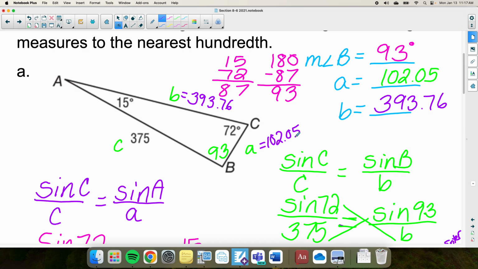They should all be kind of close together, okay? Another thing that's true in these triangles is your largest side is across your largest angle. So 93 is my biggest angle, so that means this side should be bigger than those two. This is my smallest angle, and your smallest side should be across your smallest angle. If you were on a test and you checked that and those weren't the case, that means you did something wrong, okay? But this is our answer.